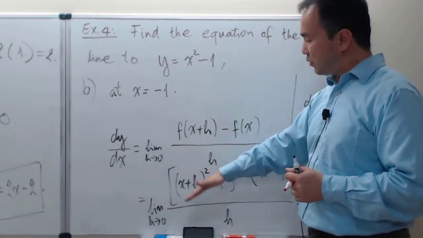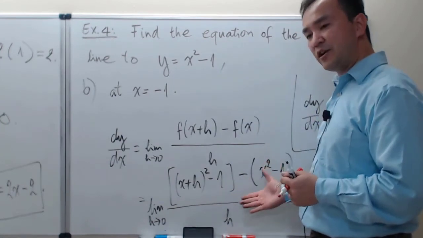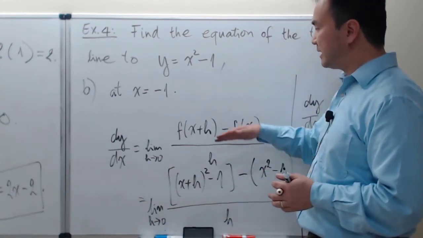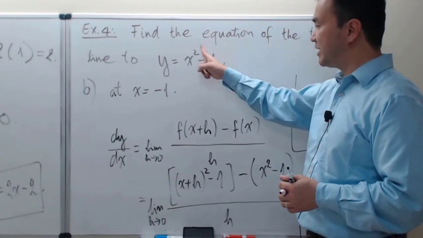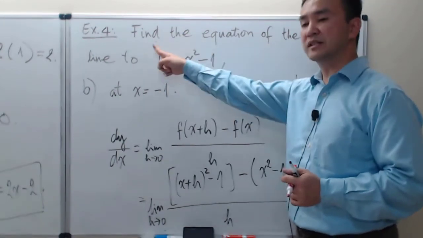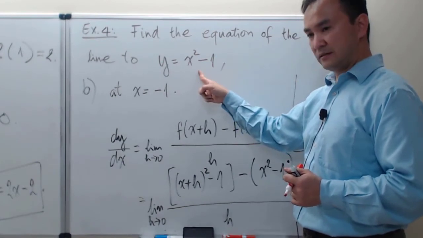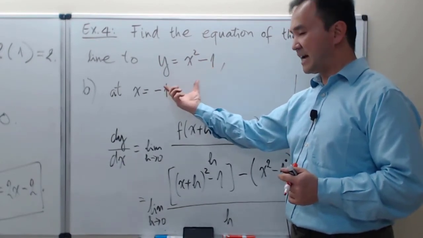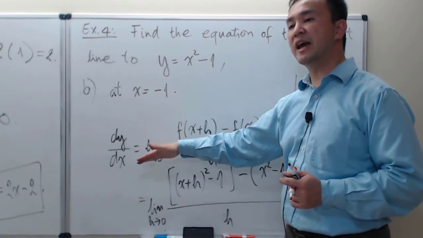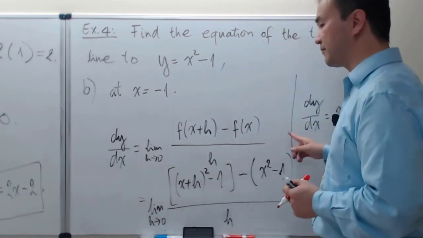Here's the reason why I did not erase any of this work. Because in the end, we are still remaining on this exact same function. And so that's why we're expecting the same general derivative.